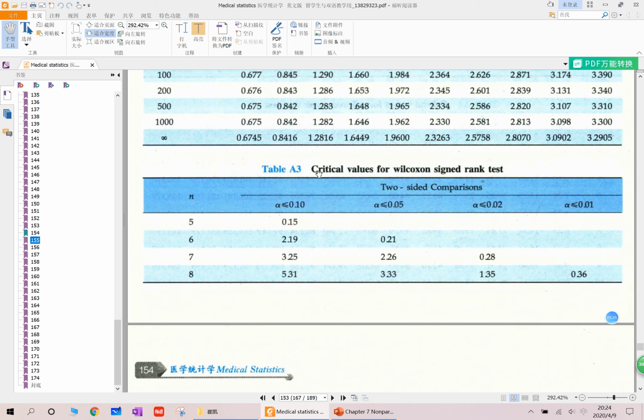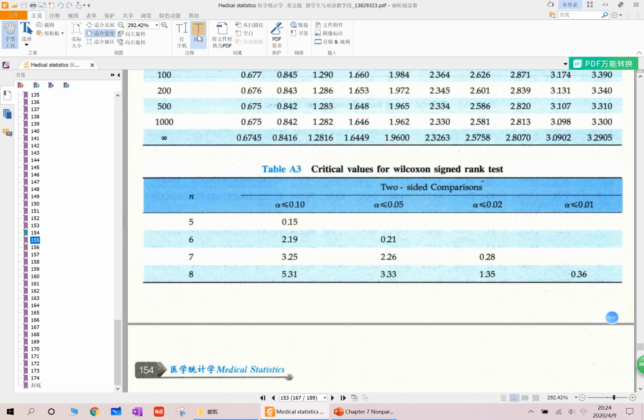This is the critical values for Wilcoxon signed rank test. Please notice that we will use 3 tables in this chapter, and each table is different from the others.